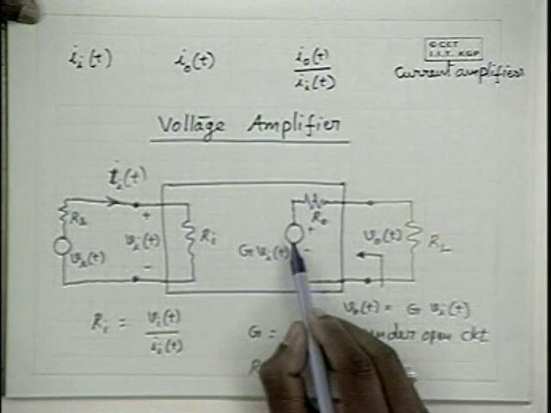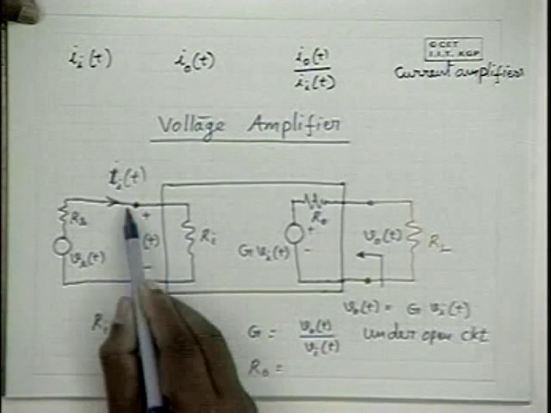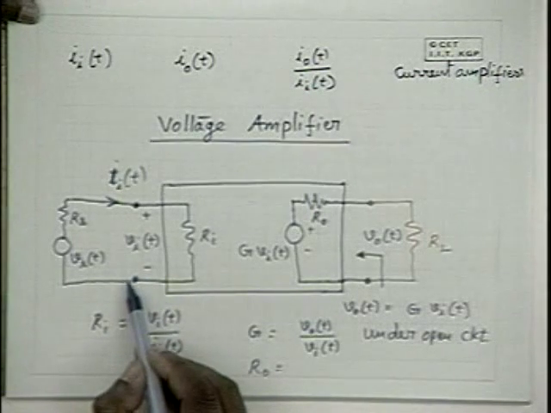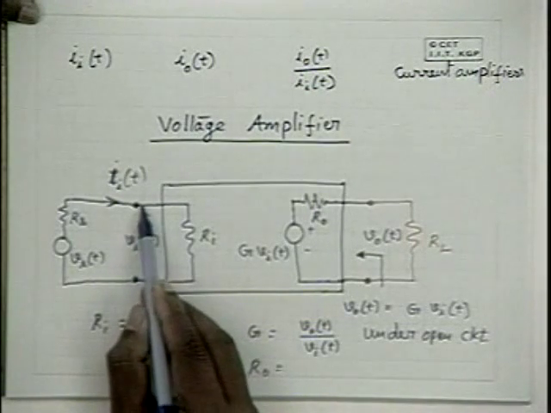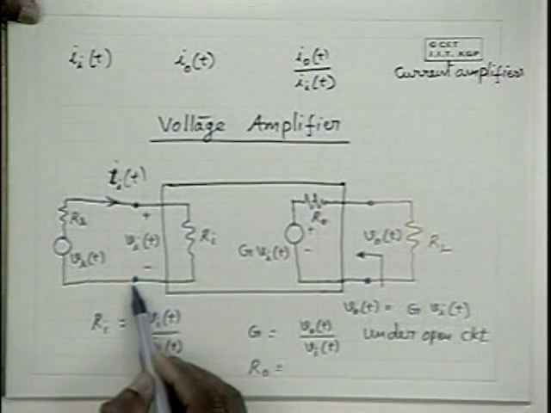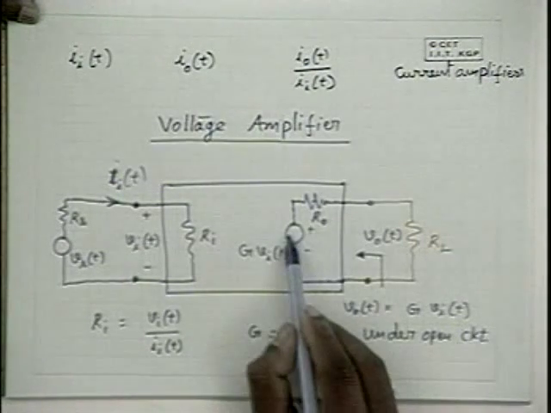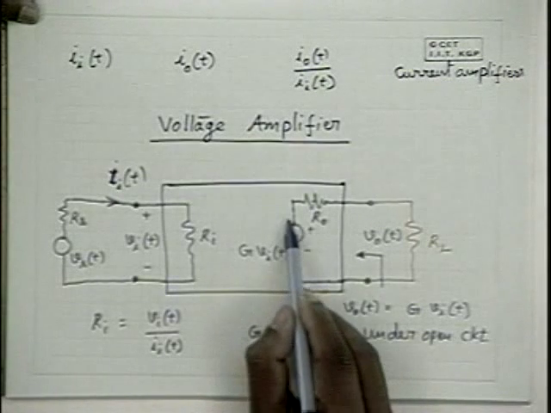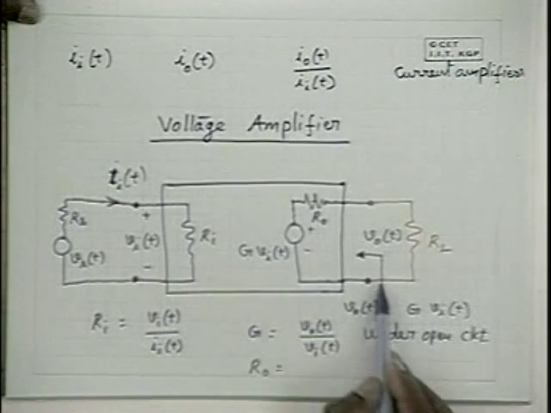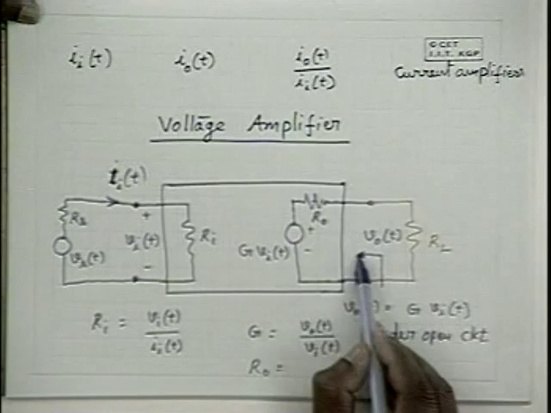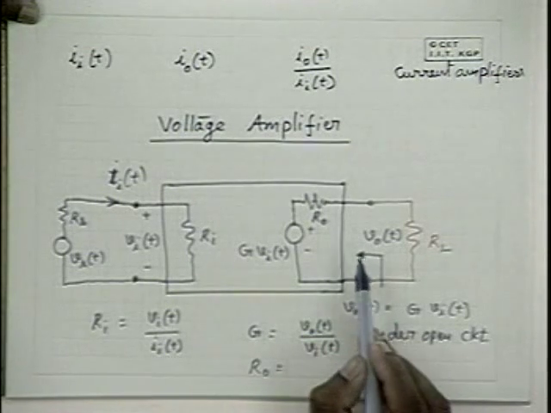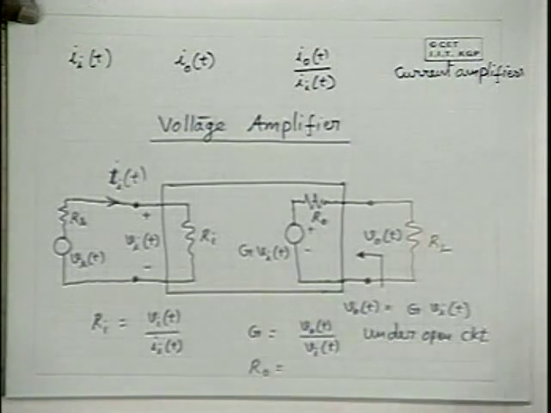For this voltage to be 0, the input side has to be short circuited. If you short circuit the input side, then this is 0, and if you measure the output impedance here, that is equal to R0.